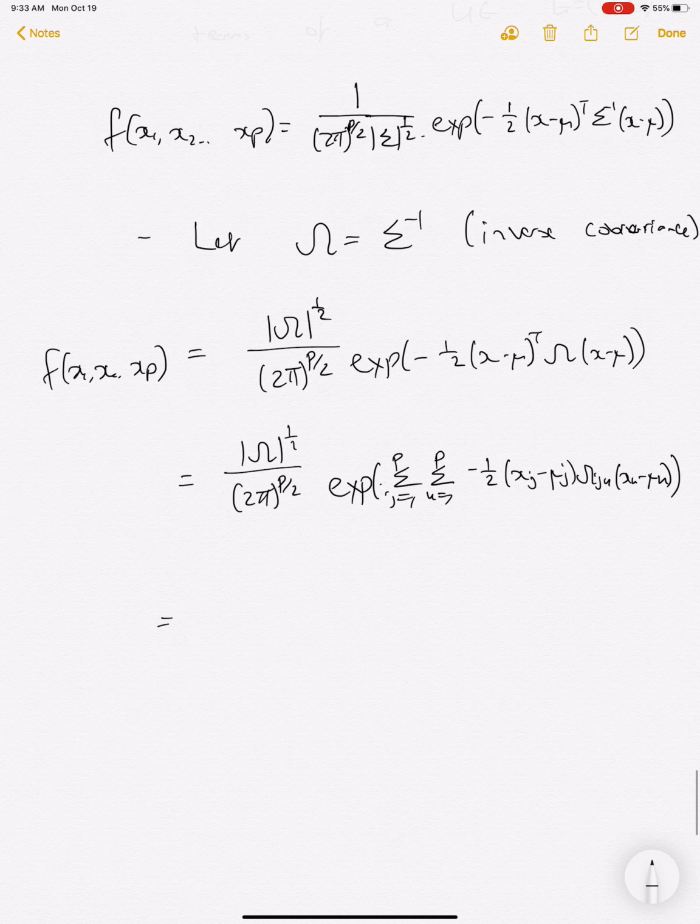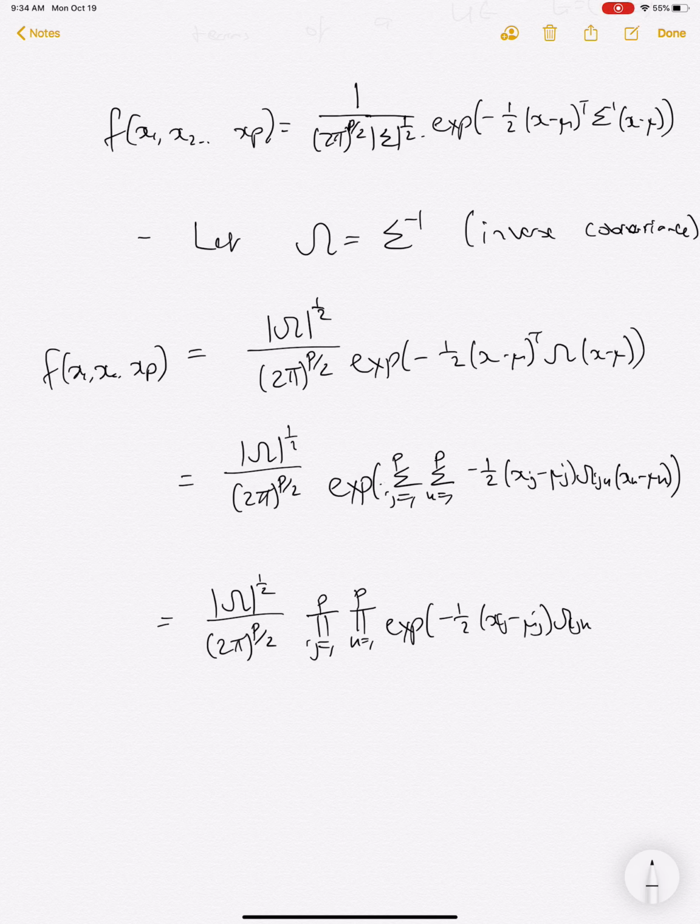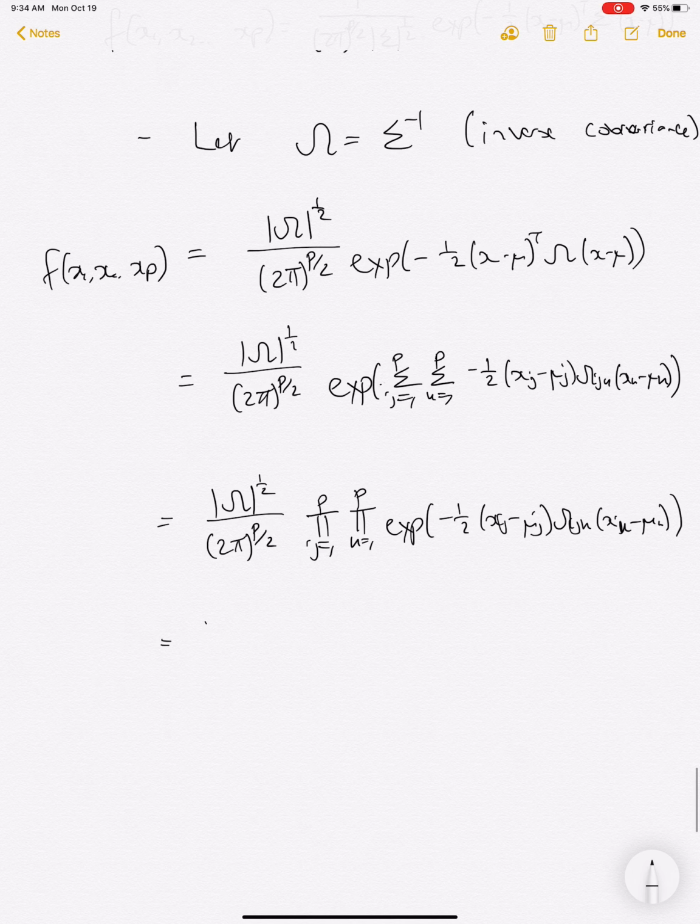Okay, and so why this is going to be useful is now that we have this, you can write this out as the product of j equals 1 to p, xk minus mu k. And now let's split it up into the diagonal and off-diagonal terms.